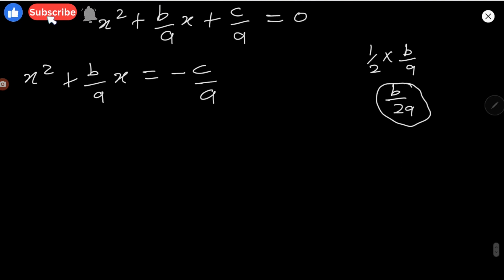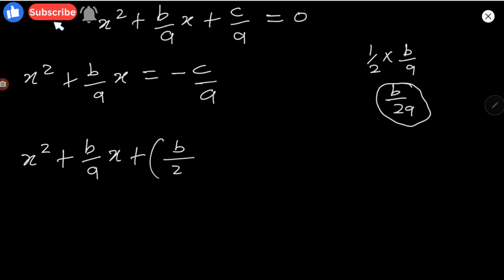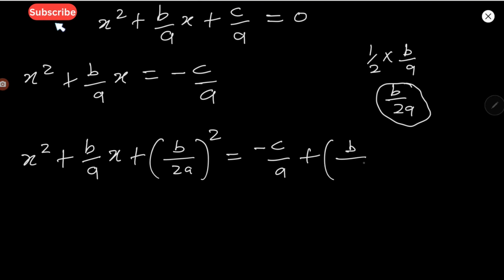If we do that, we are going to have x squared plus b over a x, so add it at the end of the expression on the left. So we're going to add the square of that quantity, which is b over 2a squared, and this will be equal to minus c over a plus the same quantity b over 2a squared.